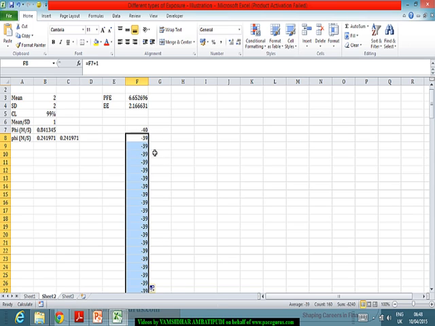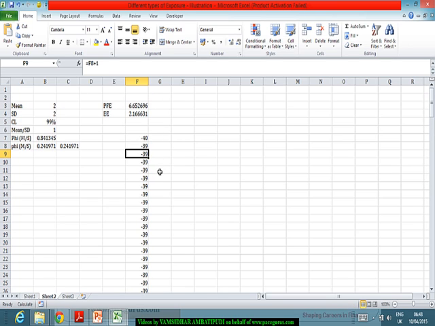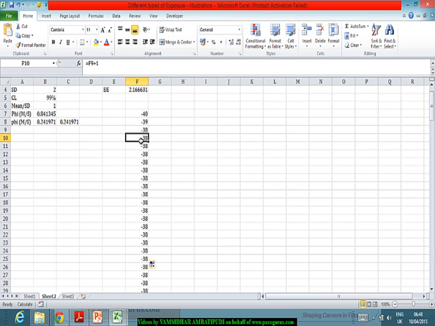So this formula, if I replicate it, what's happening?